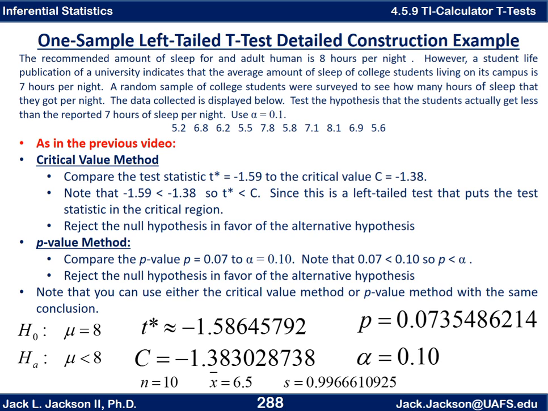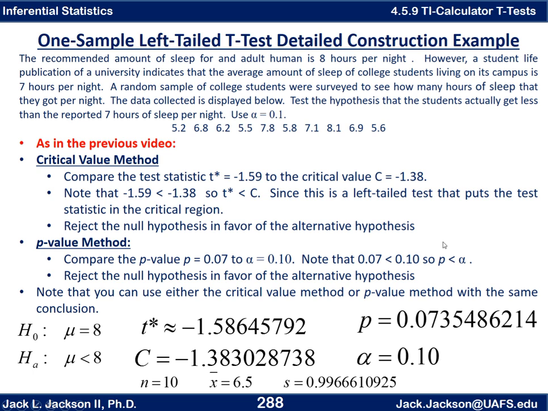So if they have a different level of alpha, a different threshold for a type 1 error, then they can make that decision without doing any further computations. And that p-value gives you some idea of the strength and how confident you are about your conclusion. But for the alpha value chosen, we notice p is less than alpha, and so that's always a reject the null hypothesis in favor of the alternative hypothesis.